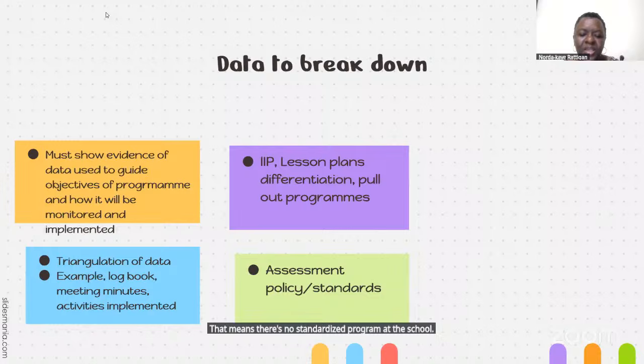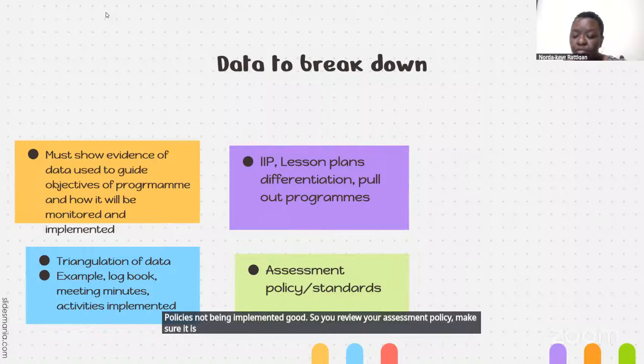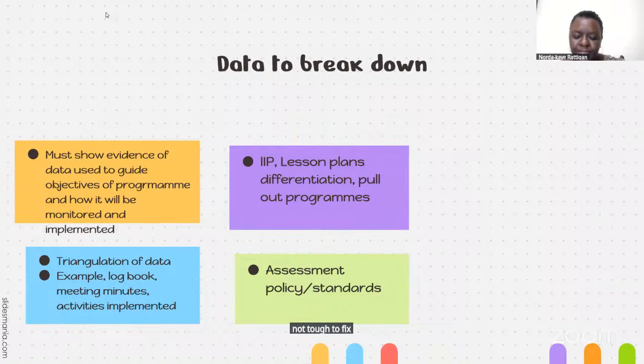The policy is not being implemented well. So you review your assessment policy, make sure it is aligned to your reporting system, your grading system, things like those. If it's not, these are things that you make note of to fix in your SIP coming up.